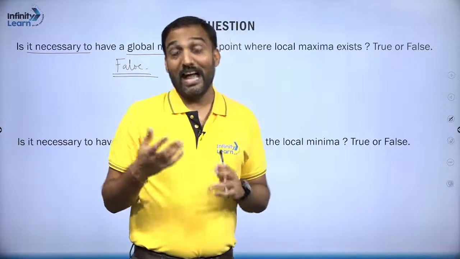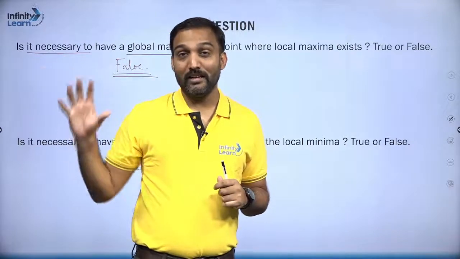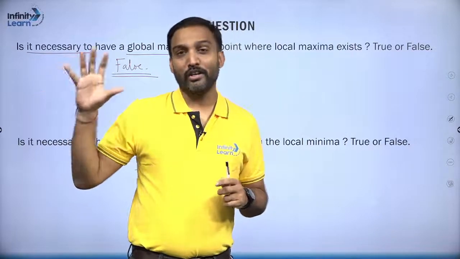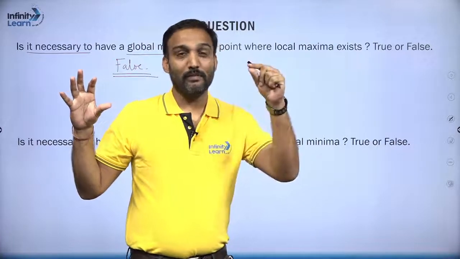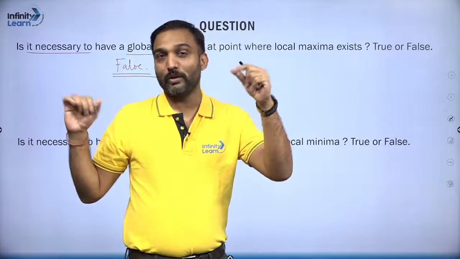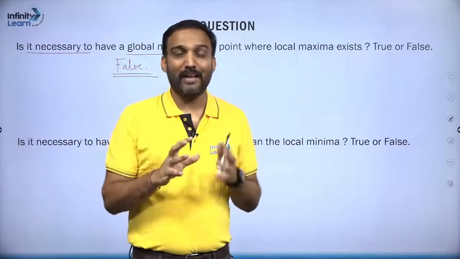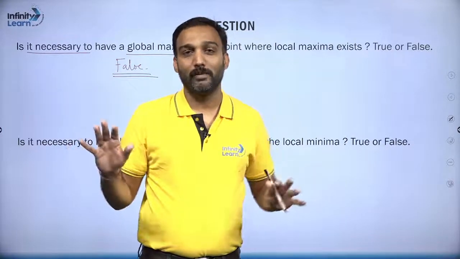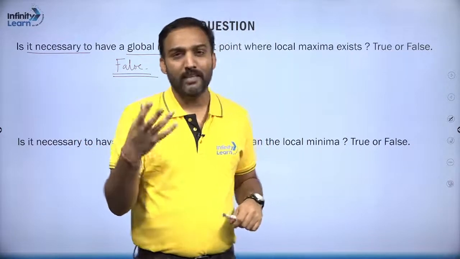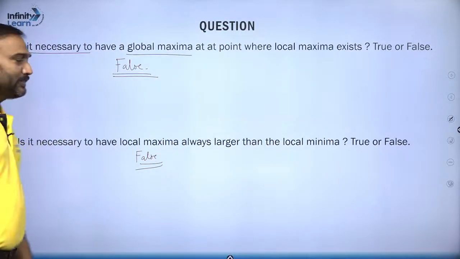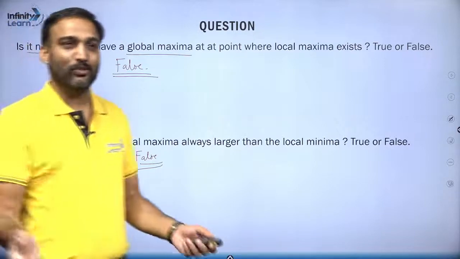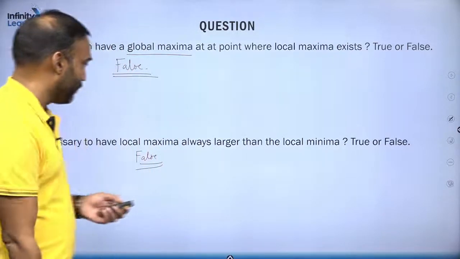No, right? ऐसा भी हो सकता है, this local minima, this group is a group of top and brilliant student. This is the second set of students. So the local maxima of this particular group would be smaller than the local minima. So local maxima and local minima, there is no relation between them. Anyone can be larger than anyone. So if somebody says local maxima is always greater than the local minima, the answer would be no, it's not true.